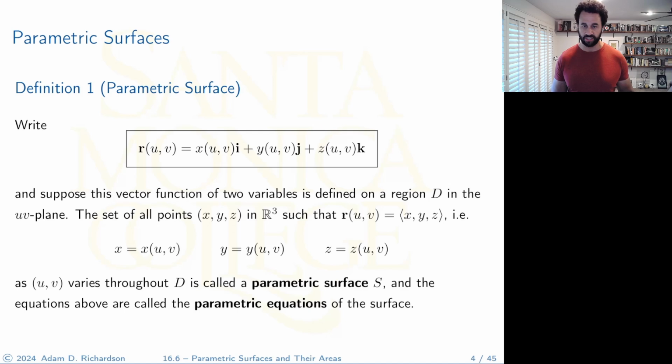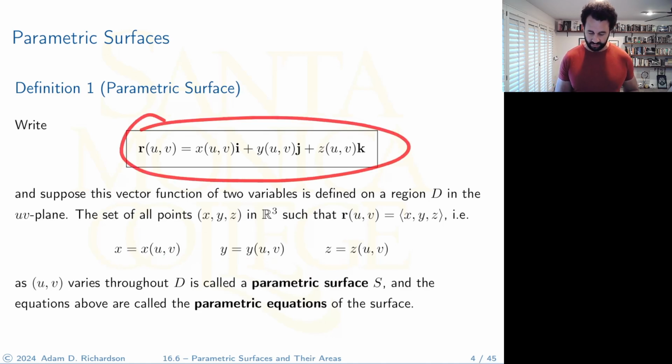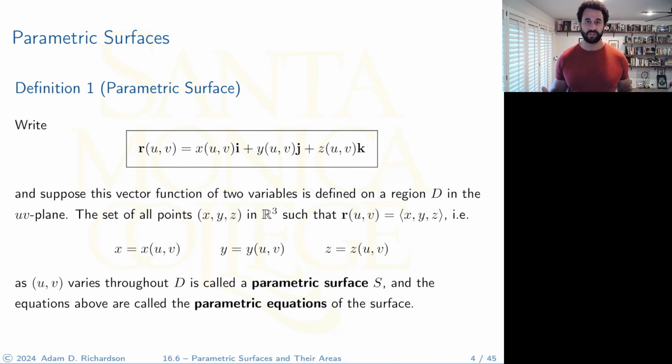Each one of those functions is a function of u and v. That's the basic idea of it. So what is the surface itself? The surface is the set of all points in R3 whose position vectors are the images under this mapping right here. Our parametric equations are given by these. And the surface that's described by this vector function is what's called a parametric surface. And these are the parametric equations.